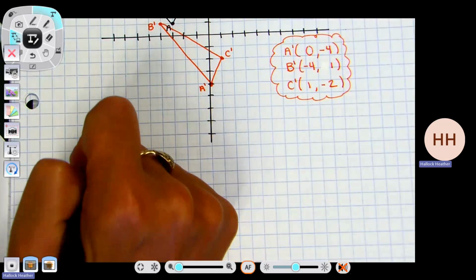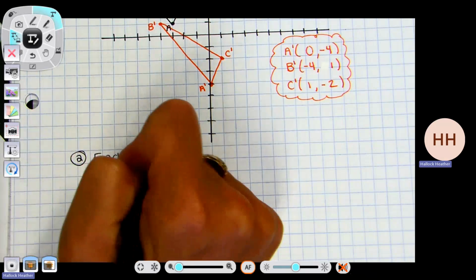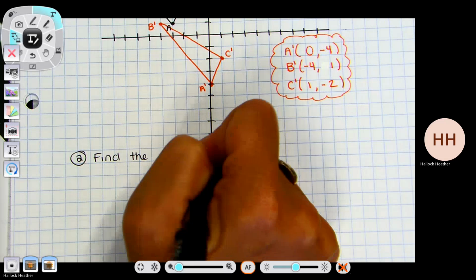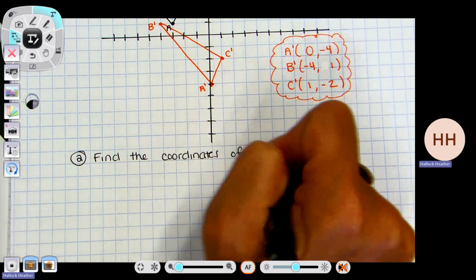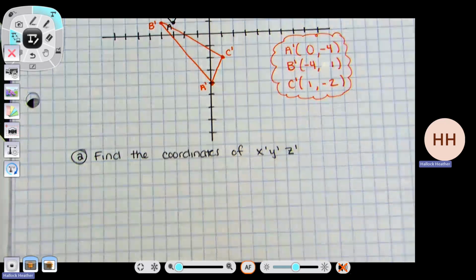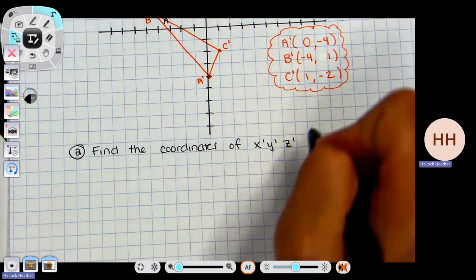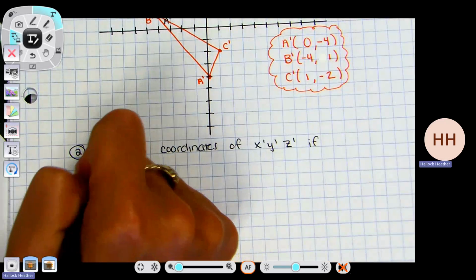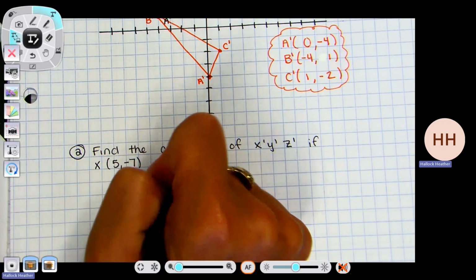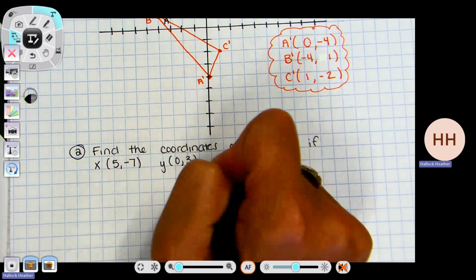For number 2, we're going to say find the coordinates of X prime, Y prime, and Z prime. So it looks like a little exponent of 1. If, and I'm going to give you the original X, which is 5, -7. Y is at 0, 3.